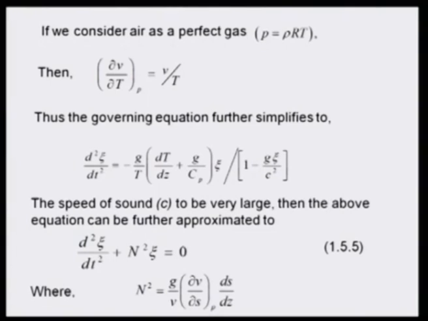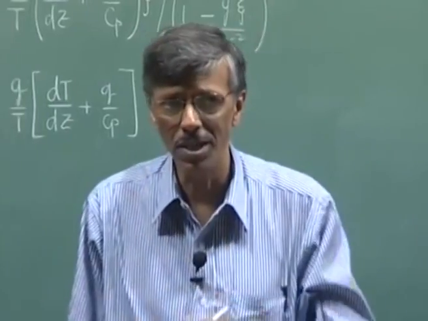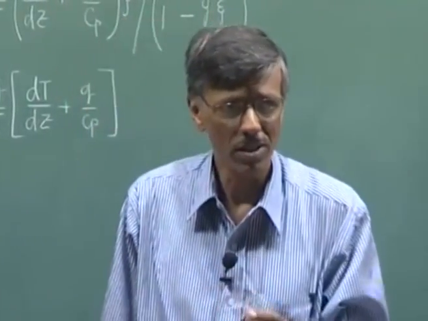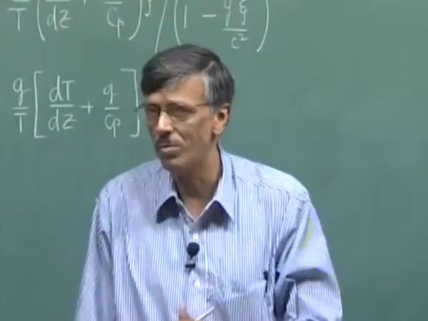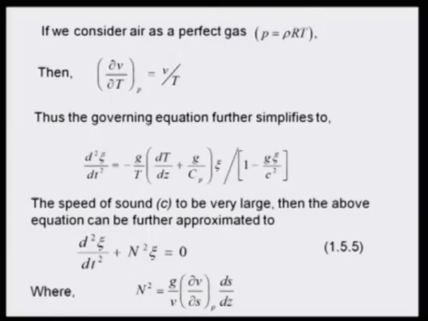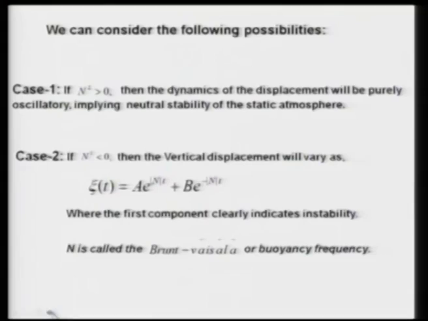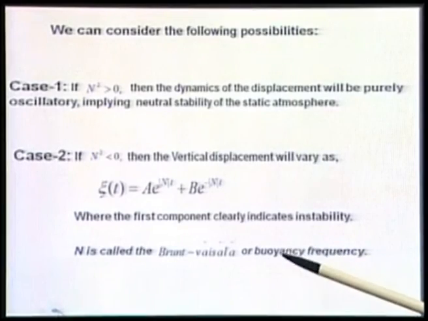If n square is positive, then this represents a simple harmonic motion, and that would indicate this vertical oscillation would be neutrally stable, because the amplitude will remain invariant with time, although the time variation would be given by the frequency n. That is what was originally done by Brunt and Vaisala, and this n is now called the Brunt-Vaisala frequency or the buoyancy frequency.